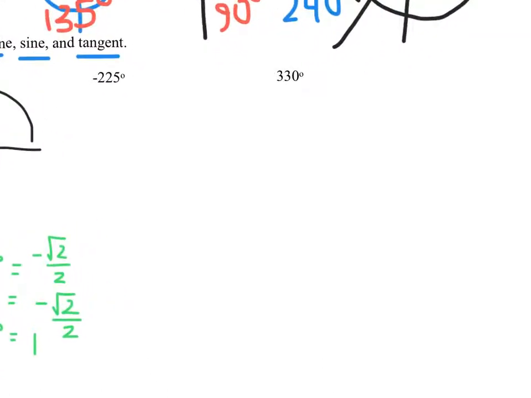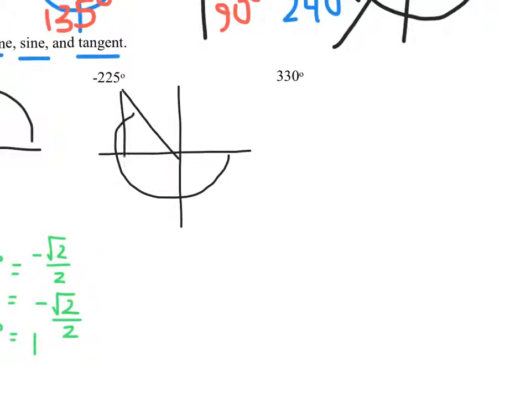Okay, now I'm going to do the sine and cosine of negative 225. So remember, if you have a negative angle, you're going to go around right here, drop it down perpendicular right here. This is a 45. So again, I have root 2 over 2, root 2 over 2. So the cosine, because I went left, the cosine of negative 225 degrees is going to be negative root 2 over 2.